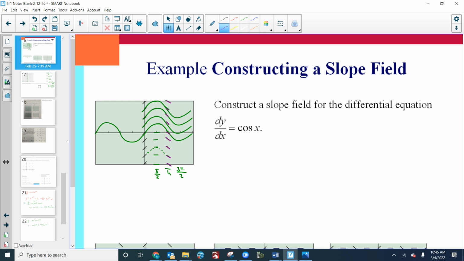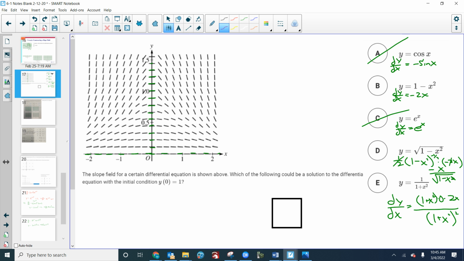Why? Because when I plug in x and I get out a slope, they're the same slope for that x. Now, there's a little bit of a caveat to that, but we'll talk about it later.